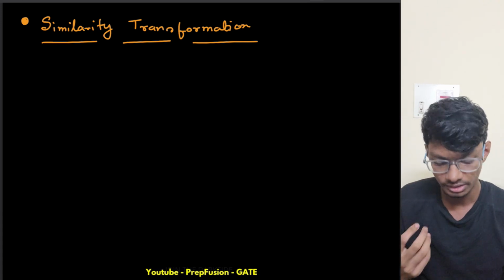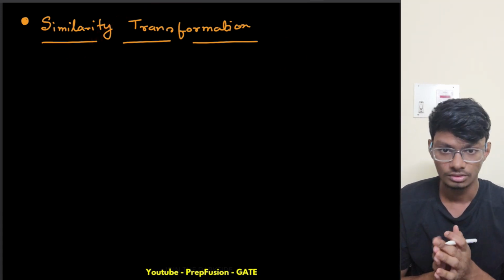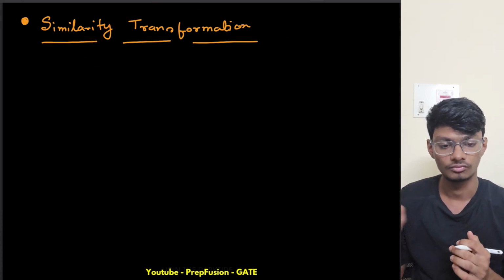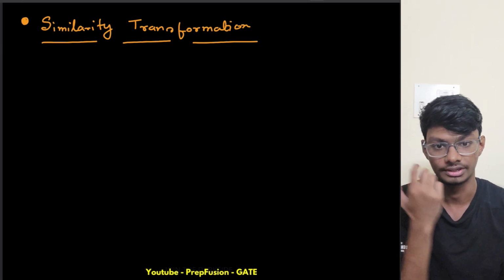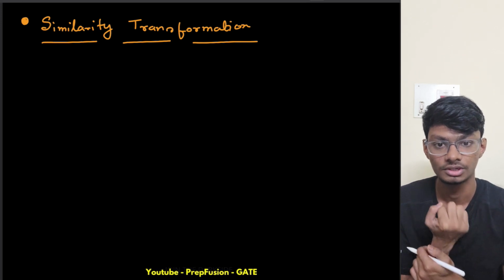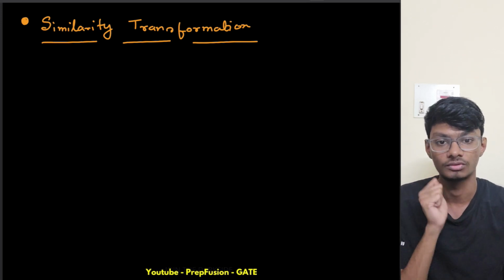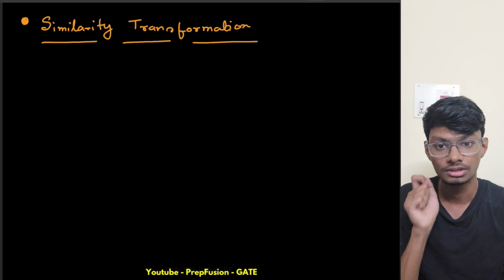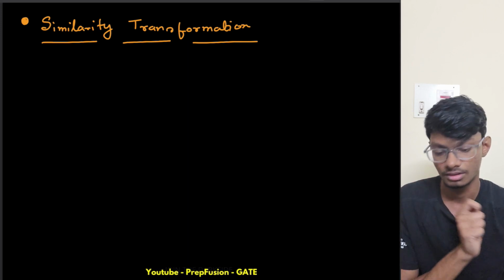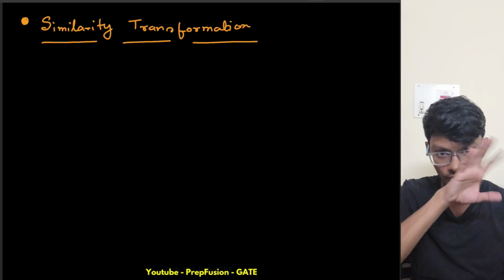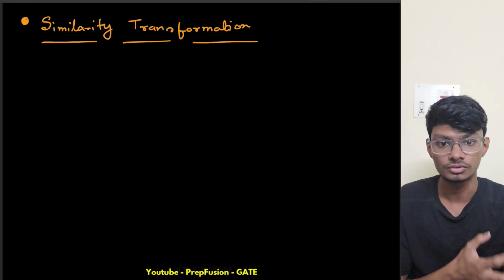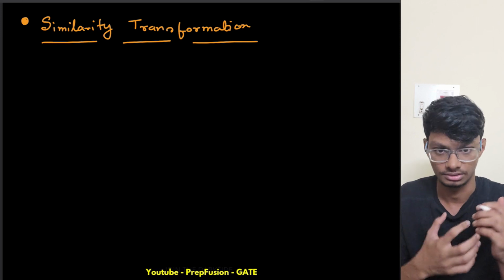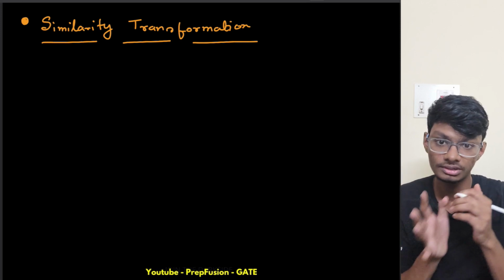So you might ask, why do I need transformation? Until now, whatever we have been solving, we assumed the state variables in a particular form. That was basically the controllable canonical form. We have some other forms also for assuming state variables, and we will come to those forms.